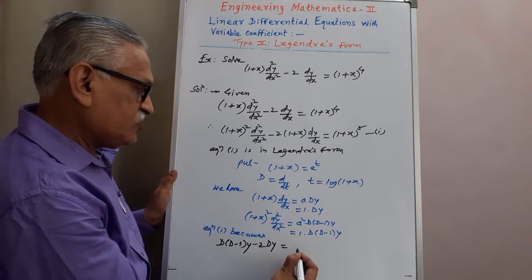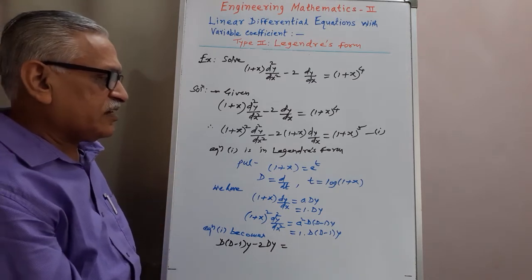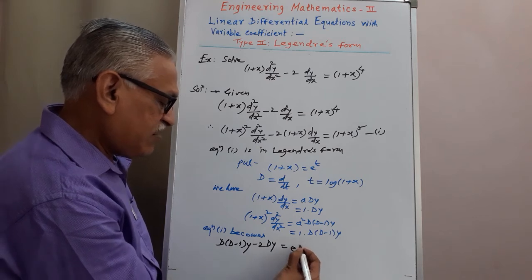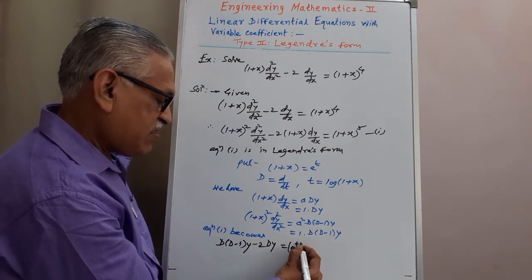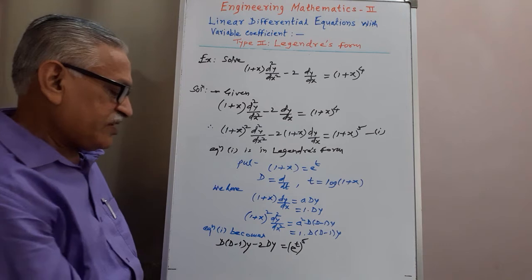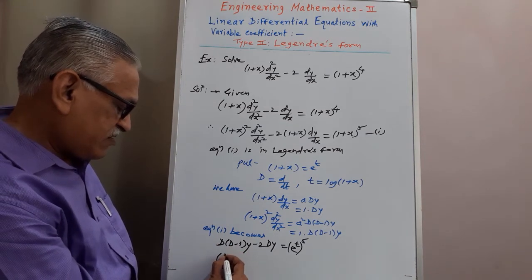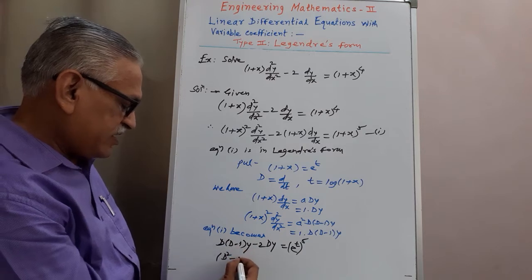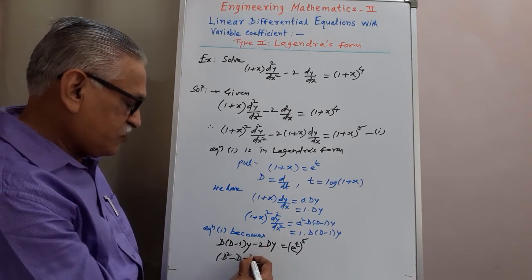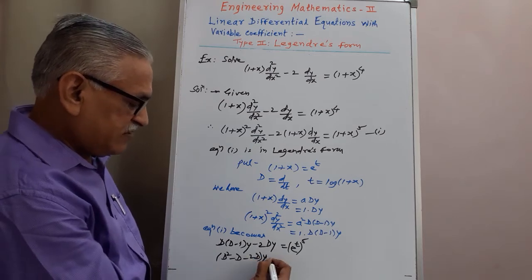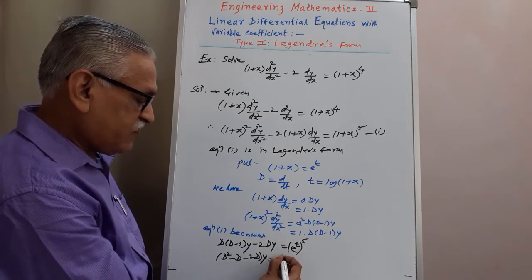and that equals (1 + x)⁵, but the value of 1 + x is e^t, and that raised to 5. Simplifying further we get (D² − D − 2D) y = e^(5t).